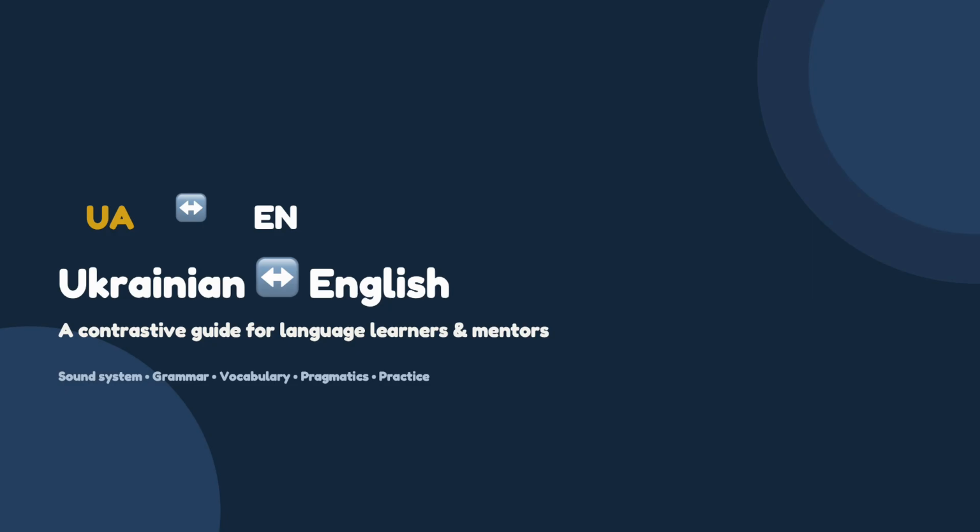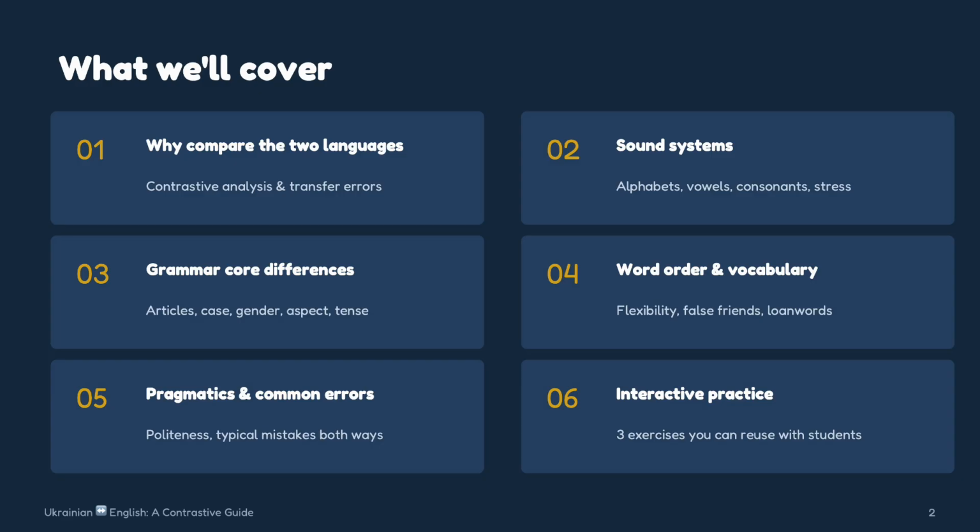Okay, let's see what we'll cover today. Here is our roadmap for today. We'll start by talking about why it's even useful to compare two languages. Then we'll move through the sound system of Ukrainian and English, the grammar differences, things like articles, cases, gender, aspect, and tense.